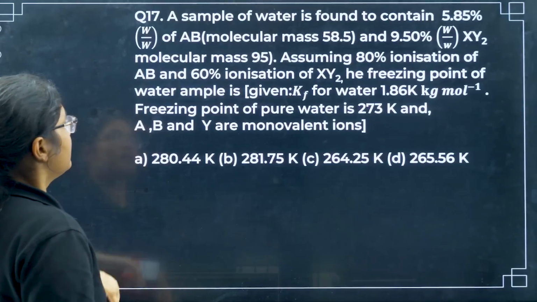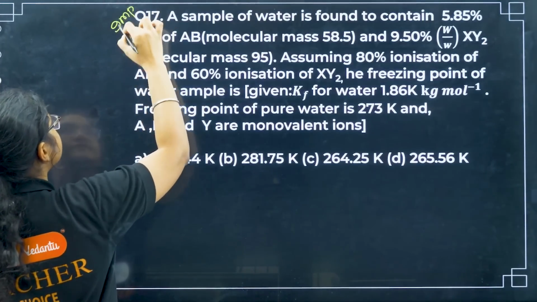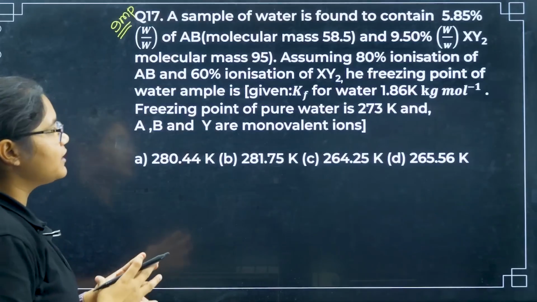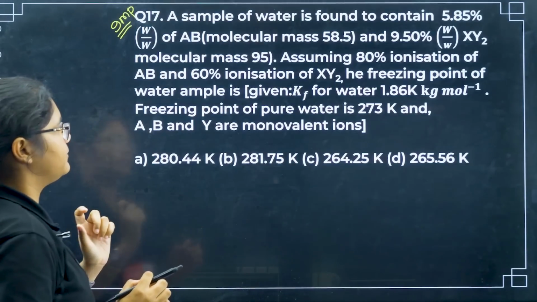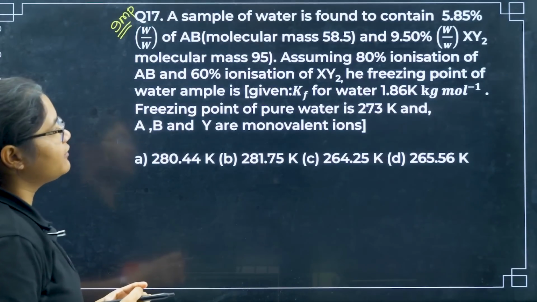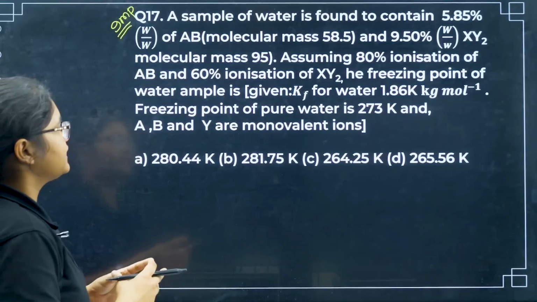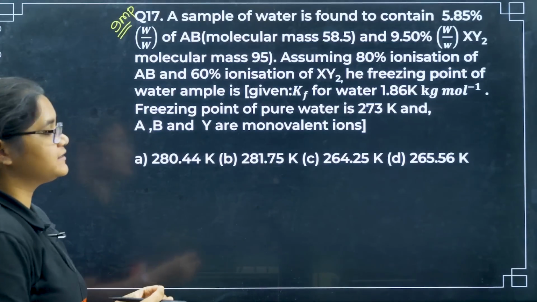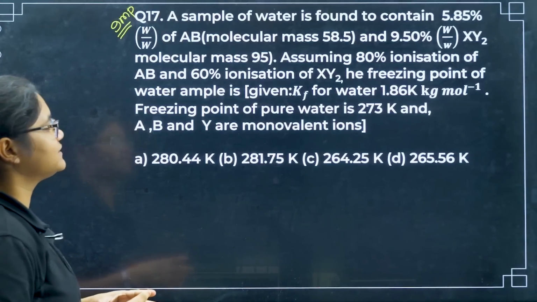Okay. Next, this is a very important question. It's a previous year question. A sample of water is found to contain 5.85% of AB and 9.5% of XY2. Assuming 80% ionization of AB and 60% ionization of XY2, the freezing point of the water sample is?